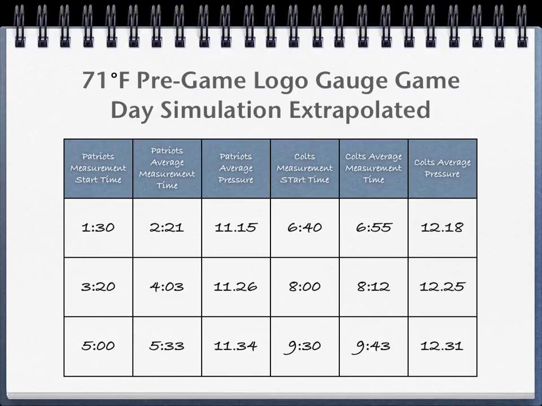So I've gone through, and for the Patriot average pressure and the Colts average pressure, 0.2 has been subtracted from all the numbers. The difference in the Patriot numbers by time is roughly 0.1 psi, and that corresponds to 2 degrees Fahrenheit.